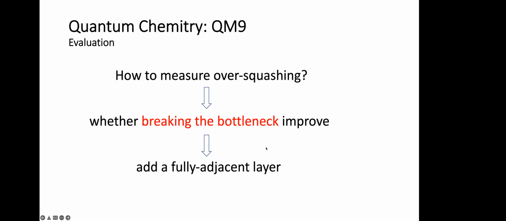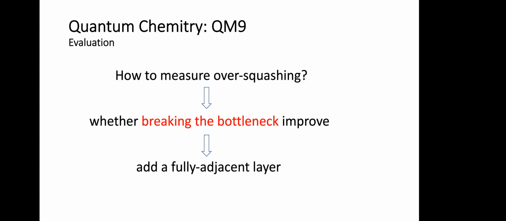So how do we measure the over-squashing problem? Instead of measuring over-squashing, they measure whether breaking the bottleneck improves the results of long-range problems. How do they break the bottleneck? What they do is add a fully adjacent layer.